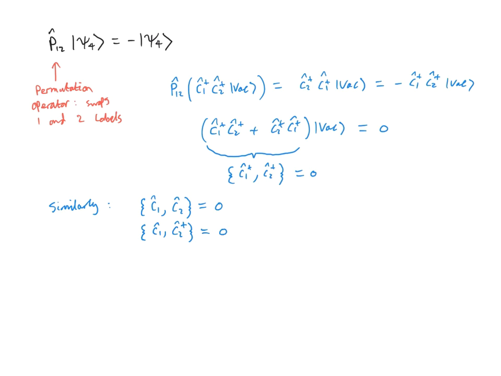And so, overall, we've derived the canonical fermionic anti-commutation relations which define the operator algebra of many particle quantum systems. And obviously this is a big deal. So let me summarize them here.